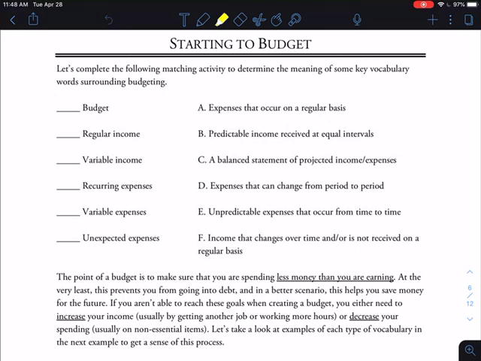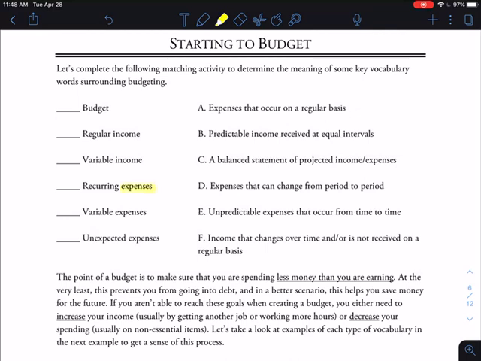All right, so the first thing I'm going to do here to do this matching activity is I'm going to do some highlighting. I'm going to look through here, A to F, and find the keywords in the phrases that help us to know what we're looking at. If you look at the left-hand side, you're going to see that a lot of these have some similar terms in them.